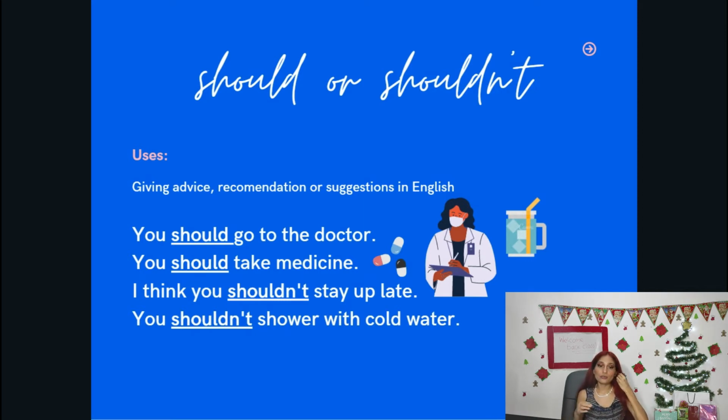It can be used for any other topic, like school, or any topic that is focused on giving advice. You can give advice to people about anything. We're focusing only on health and feeling better because this is the main topic in the unit.